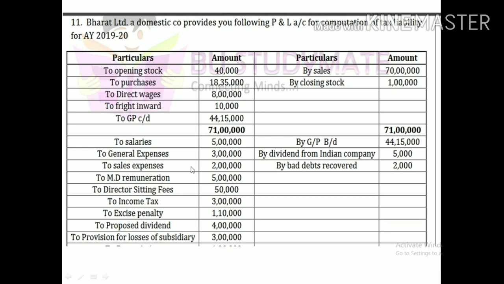sales expenses are allowable, already debited, ignore. Then managing director remuneration is an allowable expense in a company, so that is already debited, ignore. Next one, director sitting fees is very important. The director sitting fees is also an allowable expense, because the director sitting fees is somewhat a business benefit.